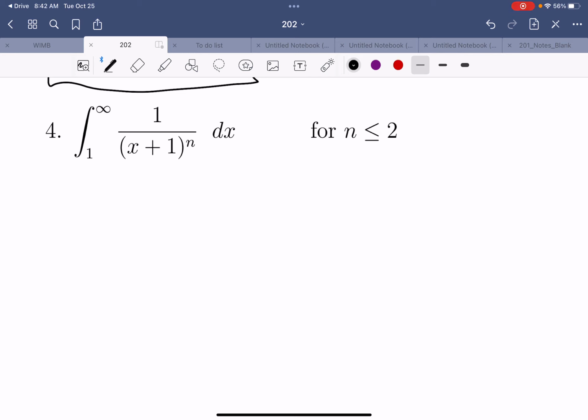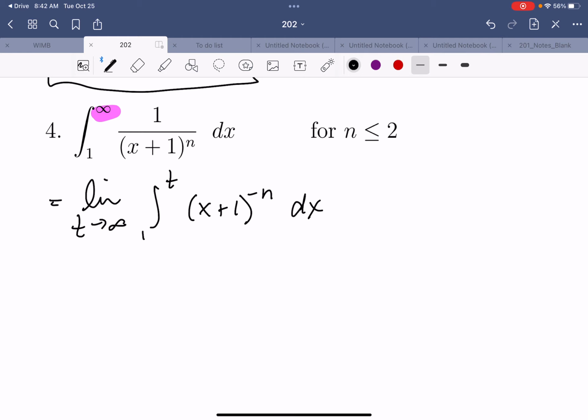So the first thing we're going to deal with is that infinity. So this is the limit as t goes to infinity, integral from 1 to t of (x plus 1) to the negative n dx.